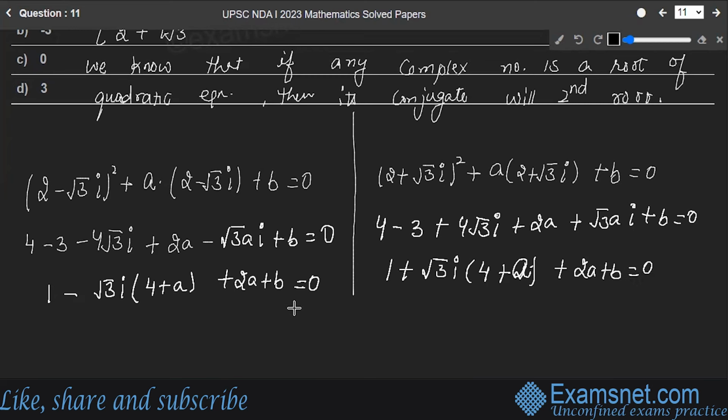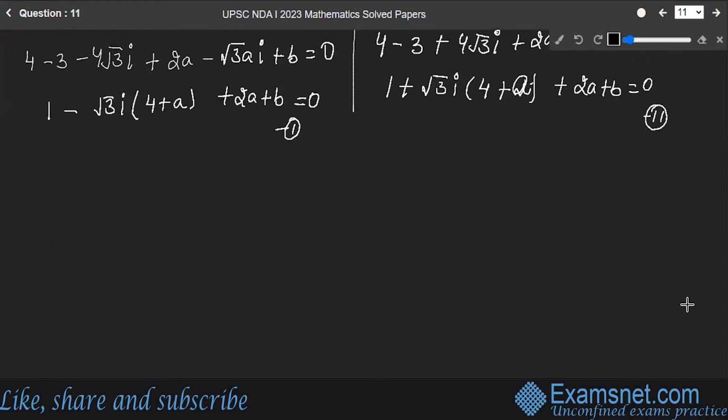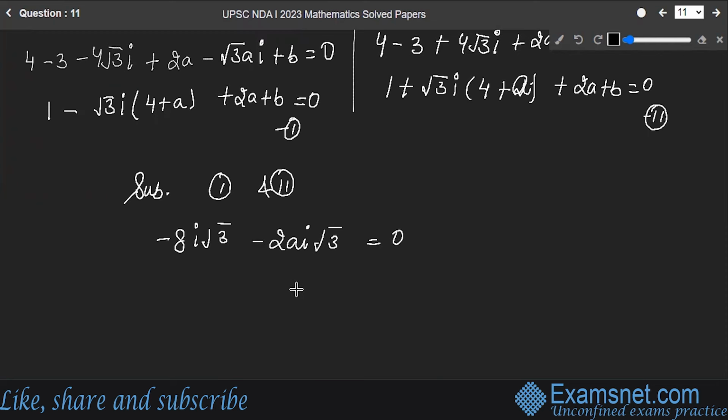So let this be number 1 and this be number 2. Subtracting 1 and 2, I'll just cancel out what things will be getting cancelled. Subtracting 1 and 2, you will get minus 8 iota root 3 minus 2a iota root 3 is equal to 0, which will give you a is equal to minus 4.